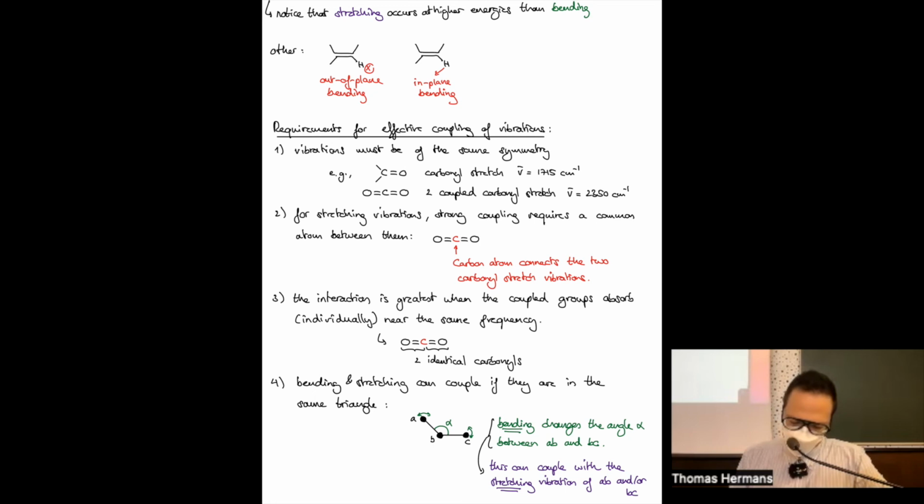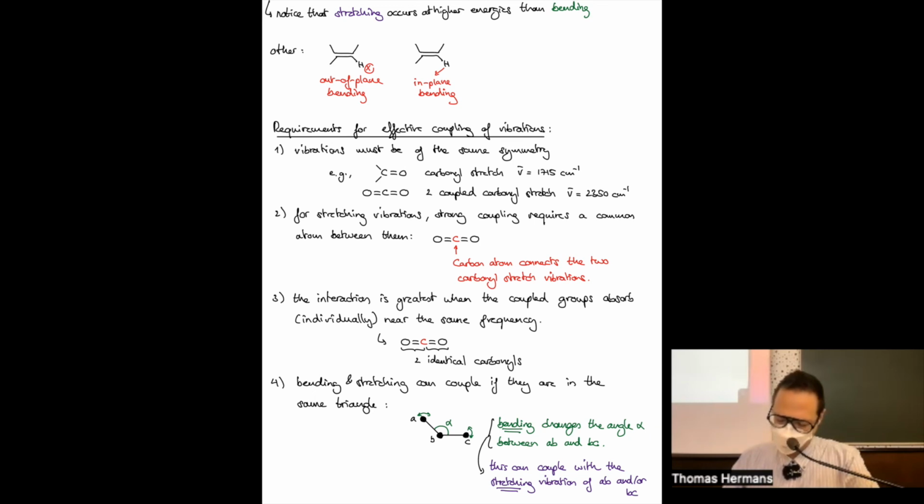Okay, this is quite simple to understand, but a little bit more complicated is that you can have coupling between bending and stretching. Bending and stretching can couple if they are part of the same triangle.